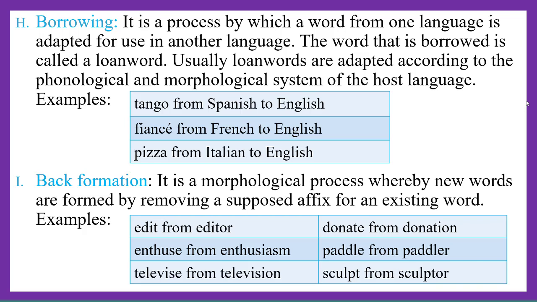We need a verb for this word, then it's edit. Okay, enthuse from enthusiasm, televise from television, sculpt from sculpture, paddle from paddler. We make new words from the existing words, and then create, for example, verbs or nouns, etc.